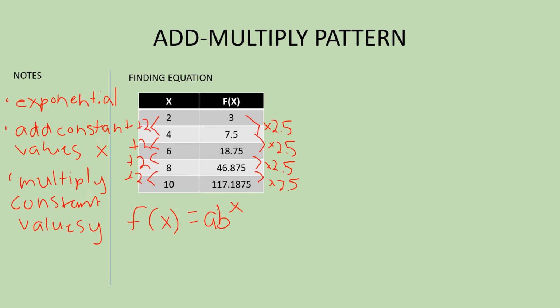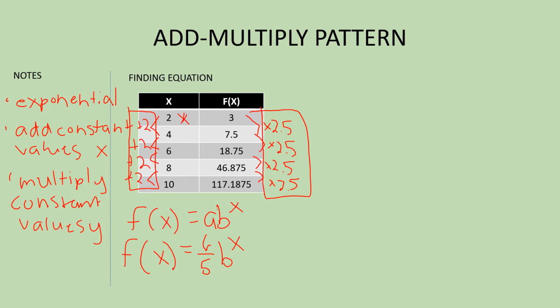And we know our a from these values. So that's going to give us f of x equals 6/5 b to the x power. And we can plug in coordinates. Let's just pick 2 and 3, which is going to give us 3 equals 6/5 b squared. And we can undo this by multiplying both sides by 5 over 6, because that will cancel that out on this side.